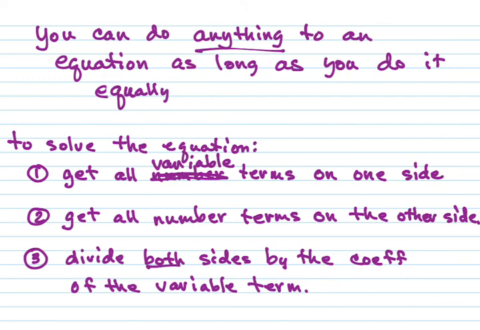And remember, the coefficient of the variable term means the number in front, right? And since the coefficient is a multiplier, that's why we're using division to get rid of it. So if it has 2x, that literally means 2 times x. So the opposite of multiply by 2 is to divide by 2, right?